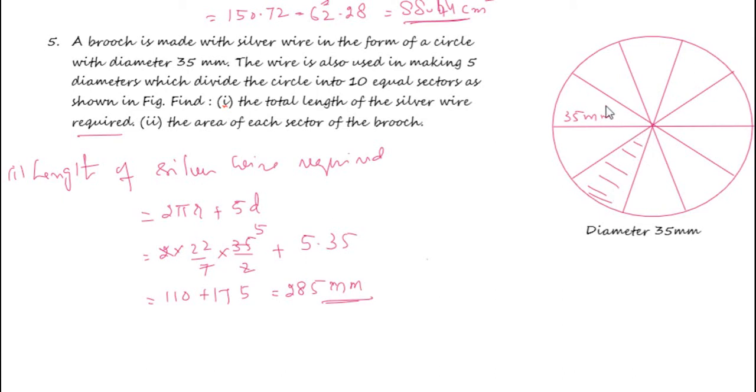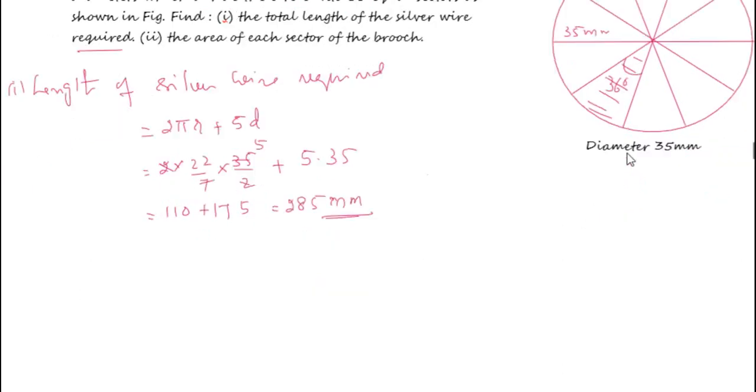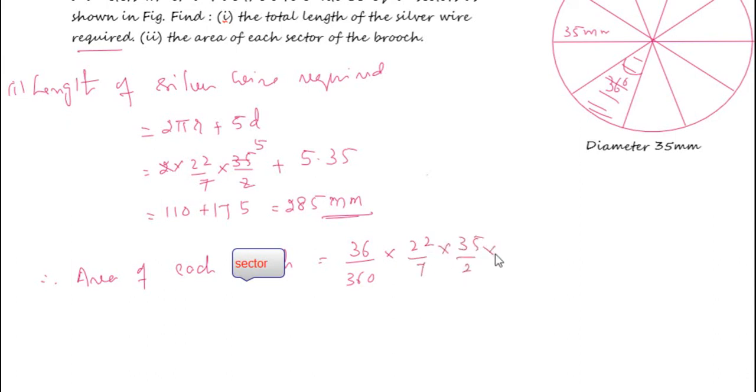There are 10 such sectors, totally 360 degrees, so each is 36 degrees. Therefore, the area of each sector is equal to 36 divided by 360 into pi r square, that is 22 divided by 7, r is 35 divided by 2 square.